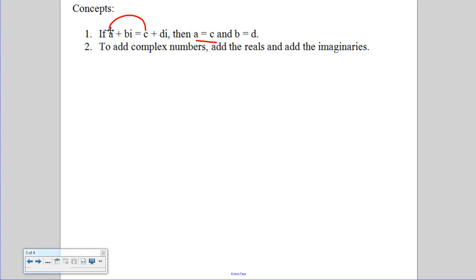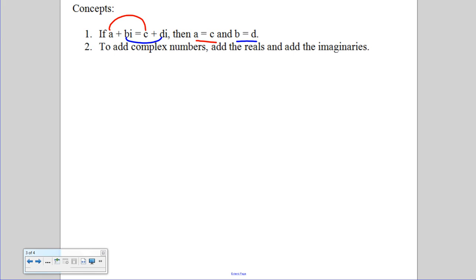The other one is this B has got to be equal to that D because that's the imaginary part of those complex numbers. They have to be equal to each other. Whatever they are, you can set them equal to each other and have an equation and then solve for what that is.